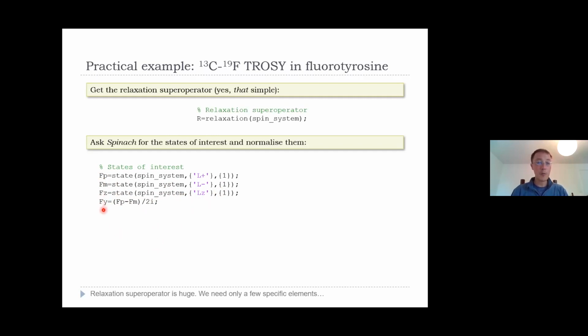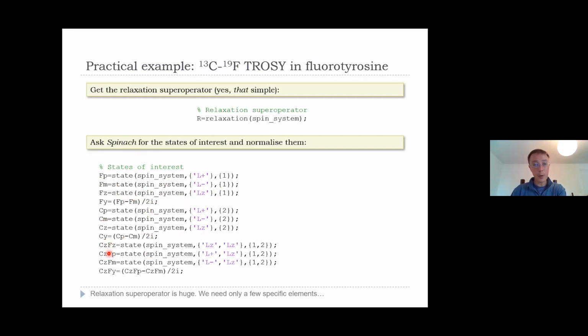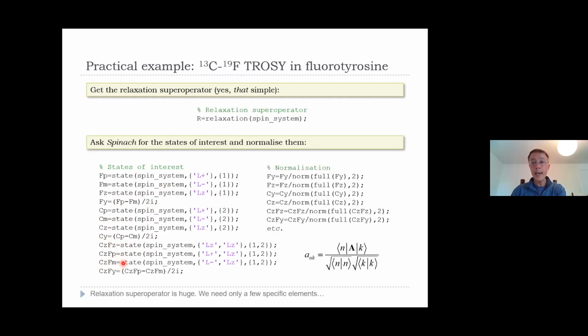And so in this case, Fy is F plus minus F minus divided by 2i. Any one of you who has ever written a spin operator and computed a commutator with a pencil would remember these standard relations between spin operators. The same for carbon, the same for various multi-spin orders that you need for TROSY to work.